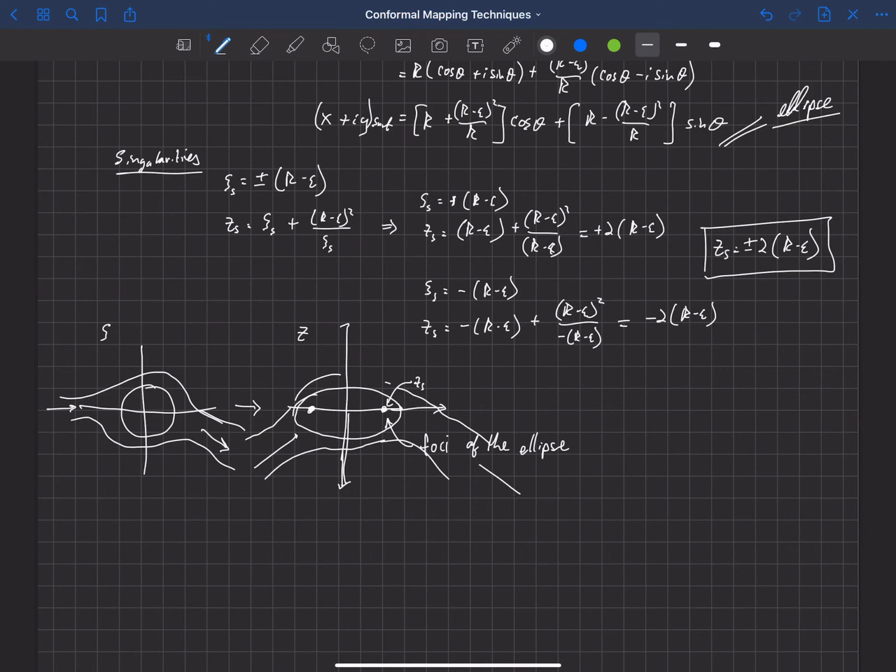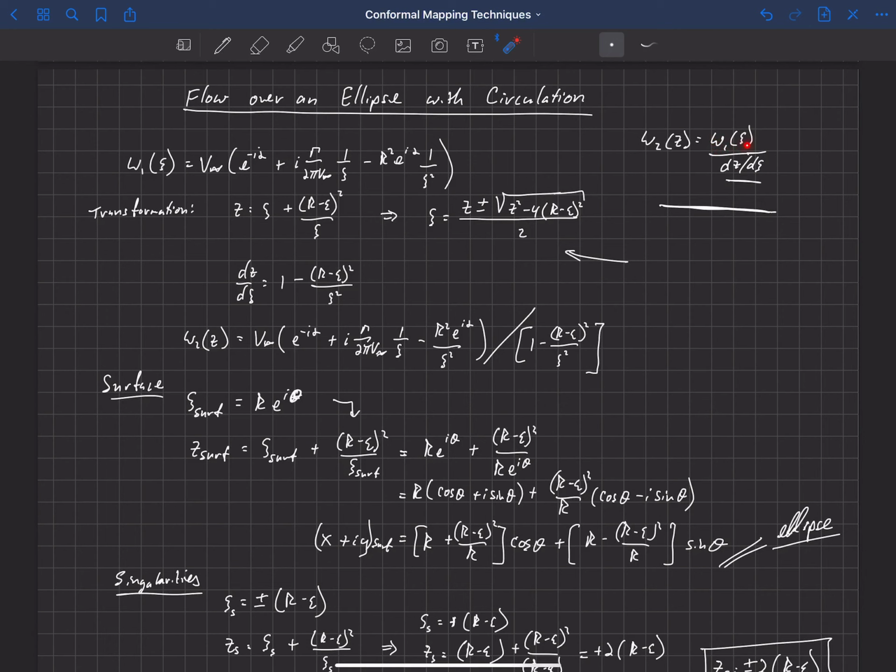Okay, so we can get what that flow would look like over this ellipse with some circulation by using this conformal transformation. And this all came from just this general equation up here. This is just the general equation for a conformal transformation from one complex velocity in the zeta plane to a complex velocity in the z-plane. We just need this relationship between z and zeta, and this is the transformation that we applied here, and that produced flow over an ellipse.